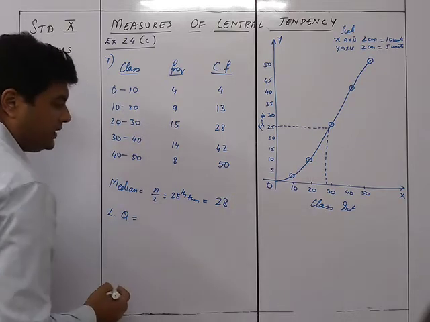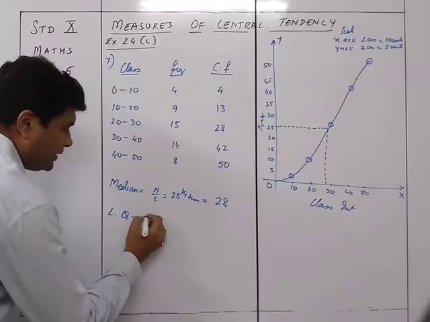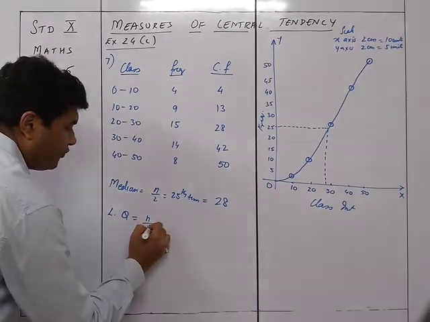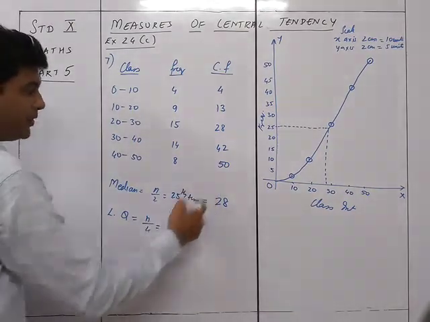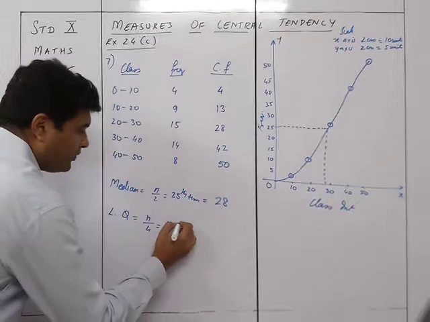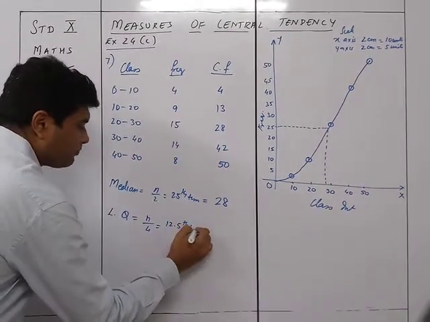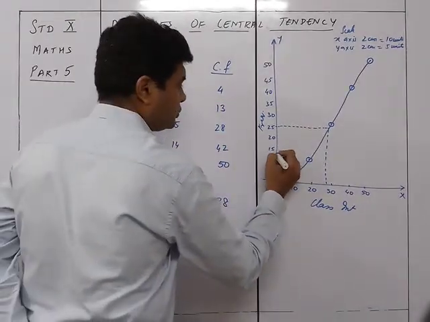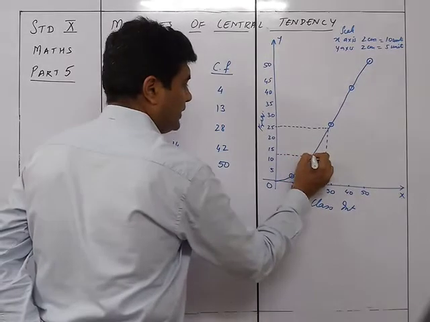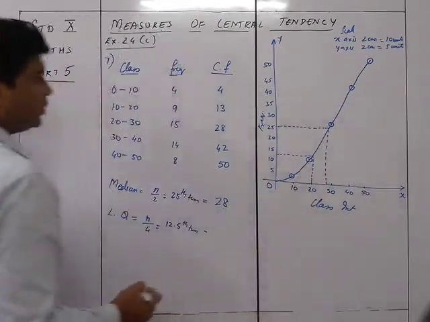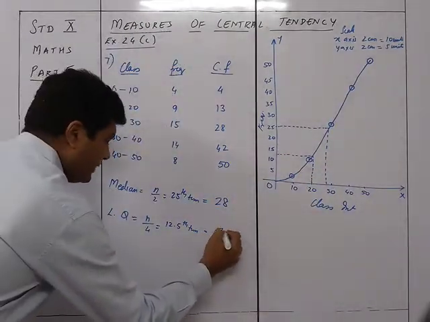Then comes the lower quartile. Lower quartile is n upon 4, so that will be 50 upon 4, that will be the 12.5th term. The 12.5 term is here, so from here it goes down, and will be around 20.